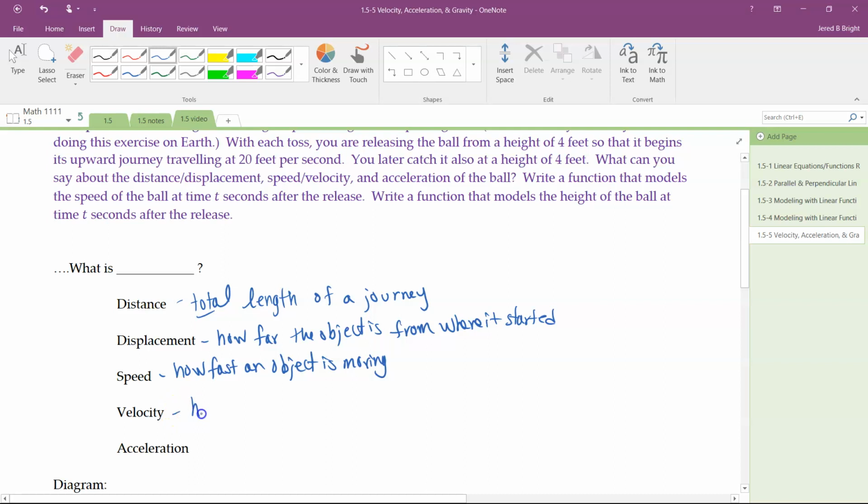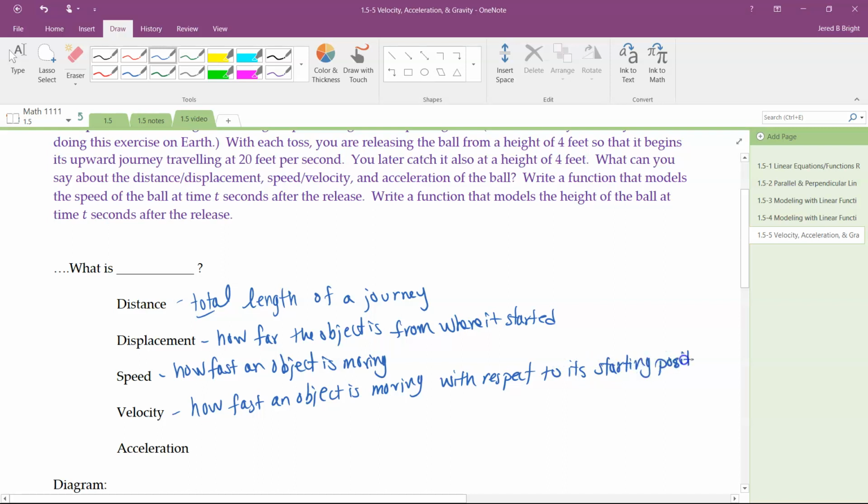Velocity is very closely related to speed, so it's going to be how fast an object is moving with respect to, this is the new part, its starting position.